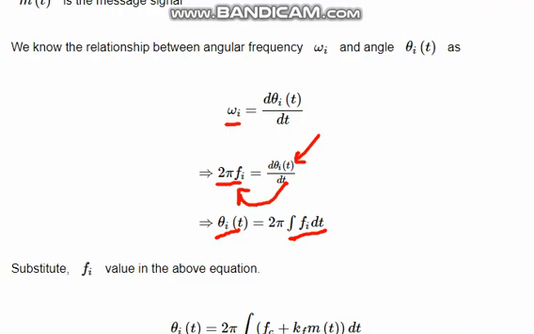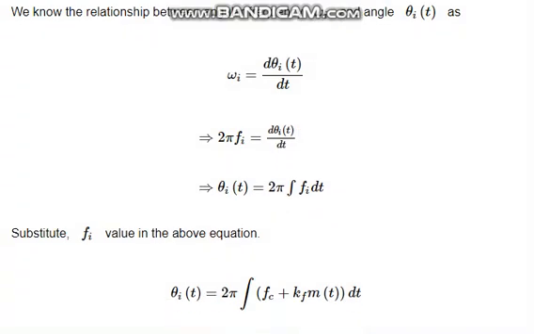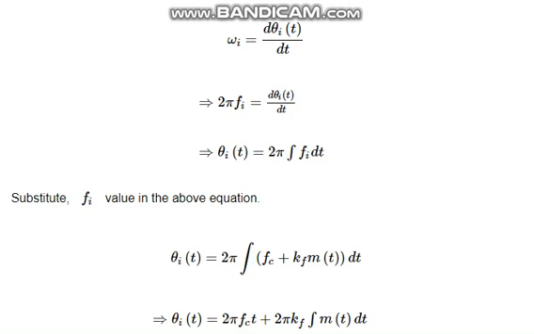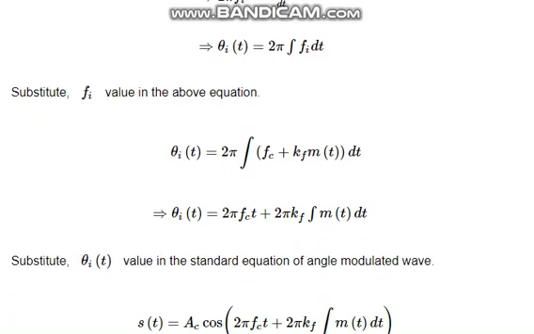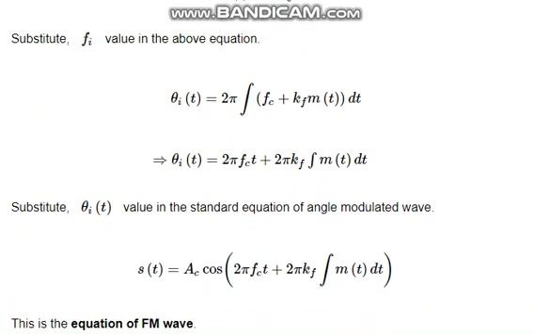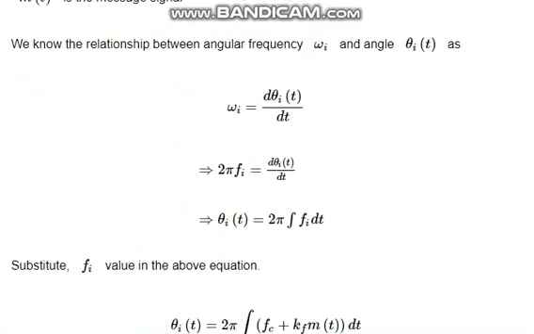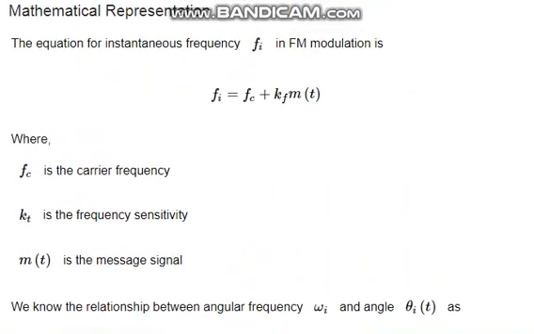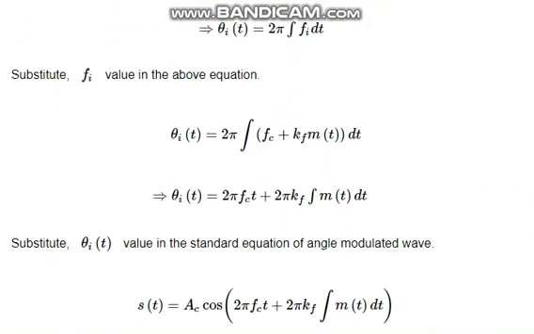So in that particular section, fi is the instantaneous frequency value, and the above equation will change like that. If we put the value of fi, that is fc plus kf m(t), into that equation, we get this, and after integrating we get this kind of equation.